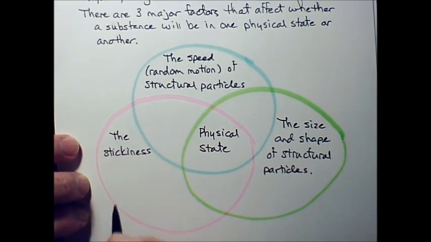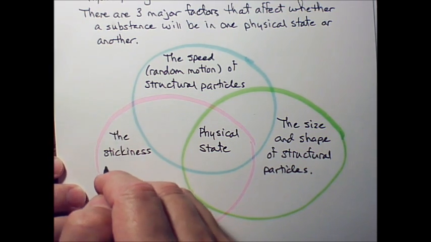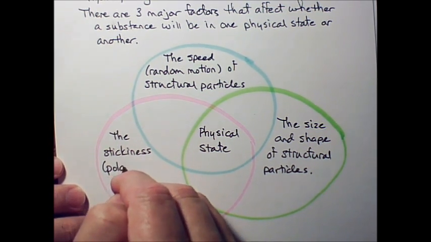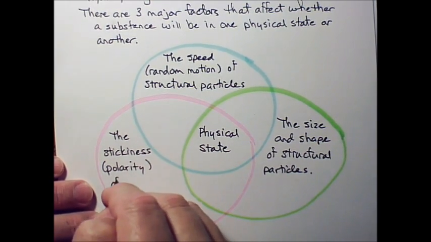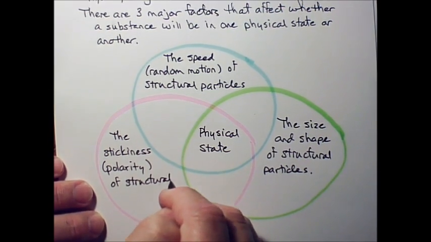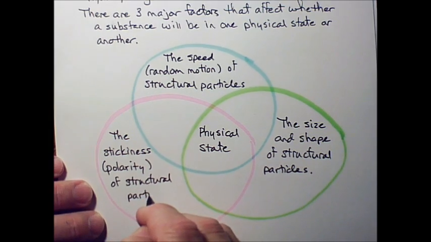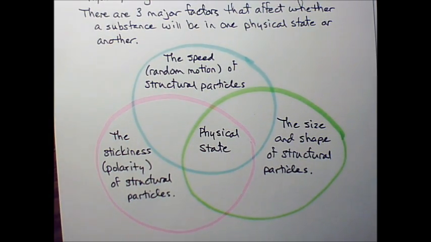Now stickiness in reality has a more complete, more descriptive term in chemistry. We call it polarity. So it's the polarity that actually causes the stickiness. It's kind of like little magnets. The stronger the magnet, the more they want to stick together.